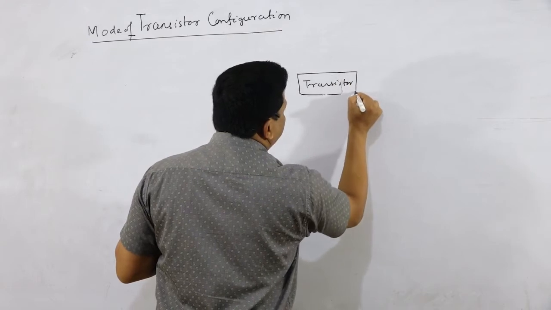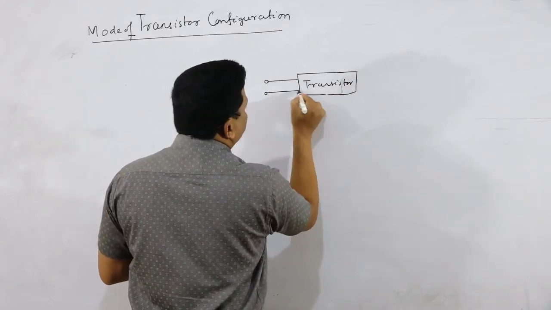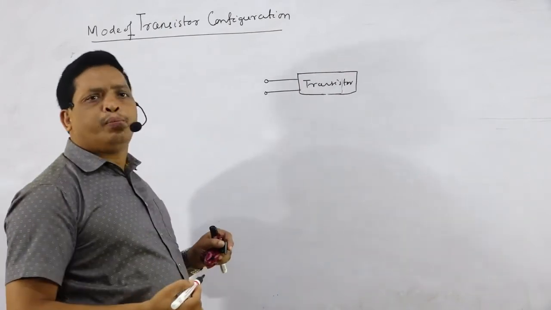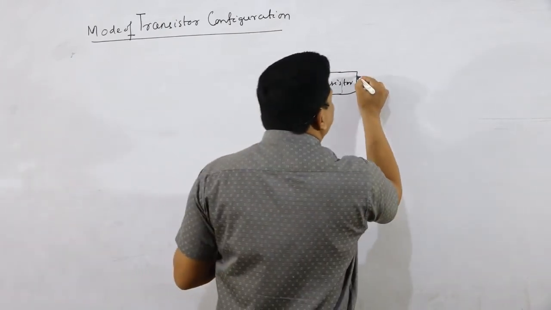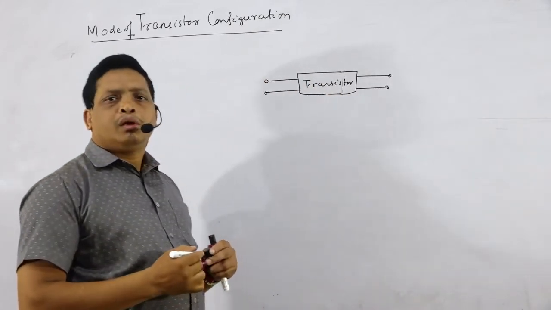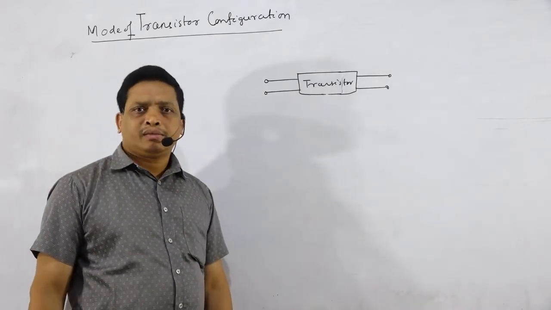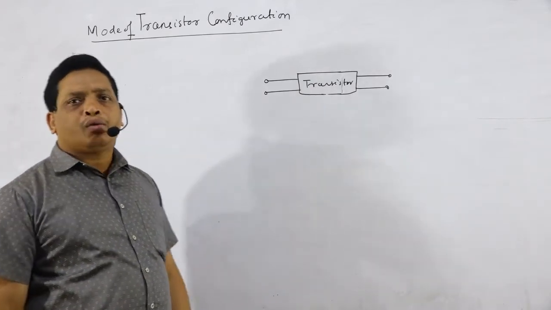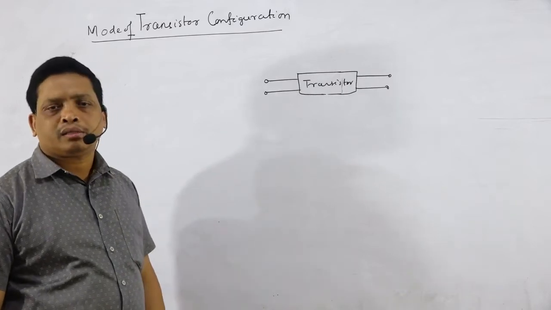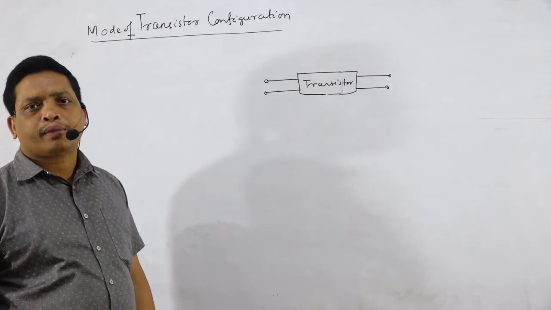To connect the transistor, we require two terminals for input and two terminals for output. But the transistor has only three terminals, but we require four terminals. Then how is this matter solved?